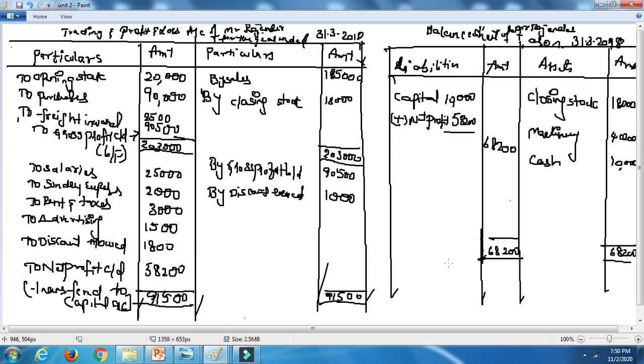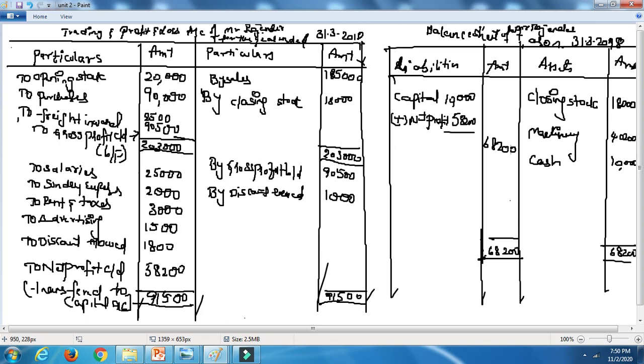And at the end, by seeing the balance sheet only, people will know the current position of the company. What is the position of the company, whether they are in a good position on average, or bankrupt or the like. So I hope the problem is clear to all of you. I am not going to do 4 or 5 problems, or 2 or 3 problems in a day simultaneously, because you will get confused.